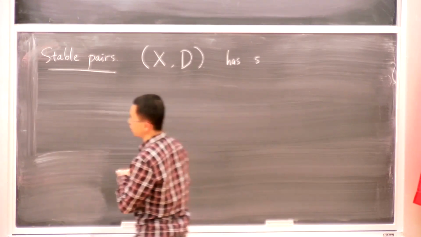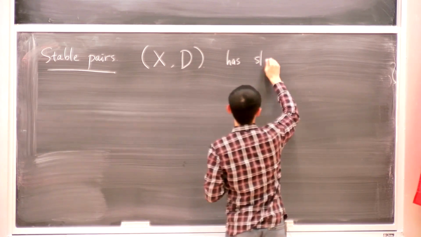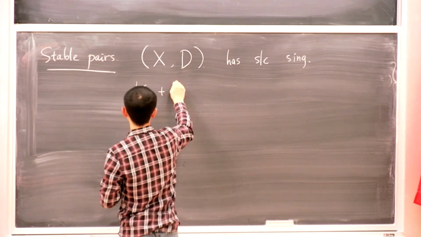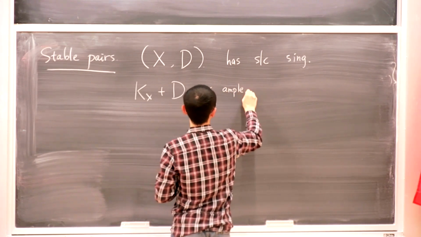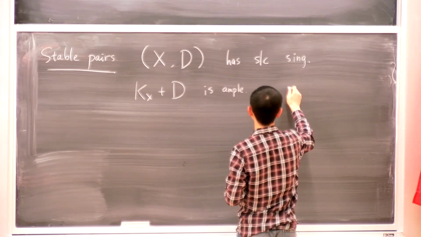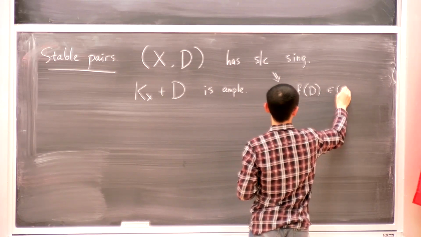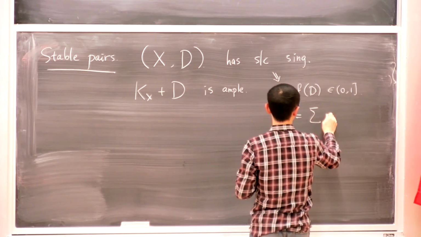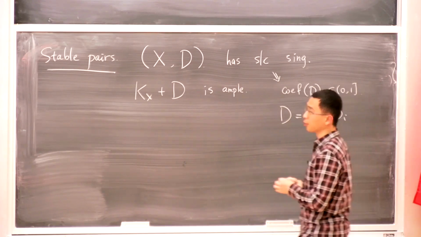I'll just abbreviate it as SLC as always. And moreover, we would like to require the ampleness condition, so K_X plus D is ample. In particular, semi-log canonical would mean that the coefficients of D are between 0 and 1. Okay, so I can just write D as a sum of a_i D_i, and then if I fix my weights a_i, I can talk about the moduli space.